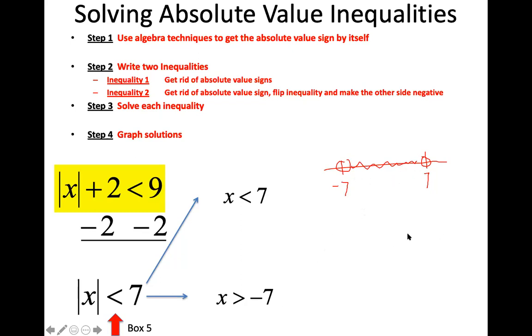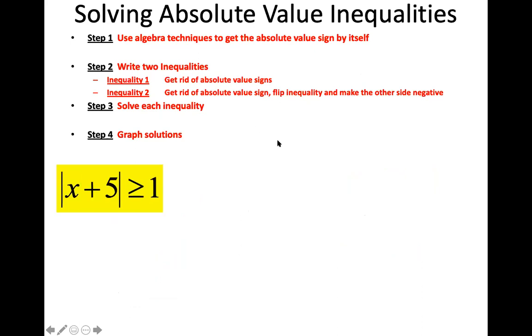We're either going to get an and or an or here. So when you graph these, just simply graph what it says. It says the solutions are smaller than 7, but bigger than negative 7. Here it is nice and pretty for you: smaller than 7, bigger than negative 7.